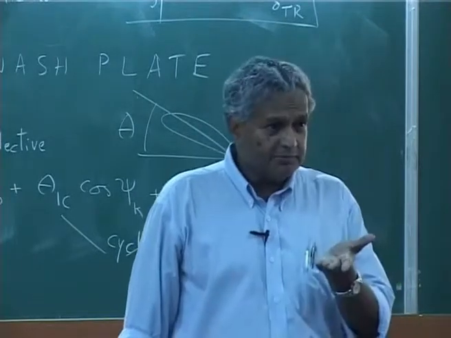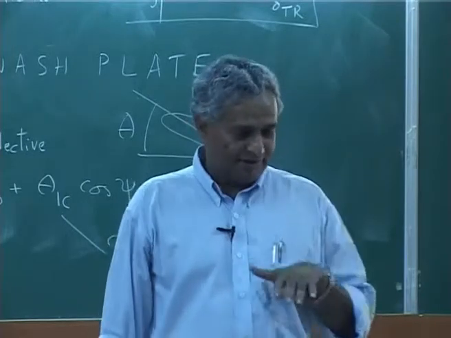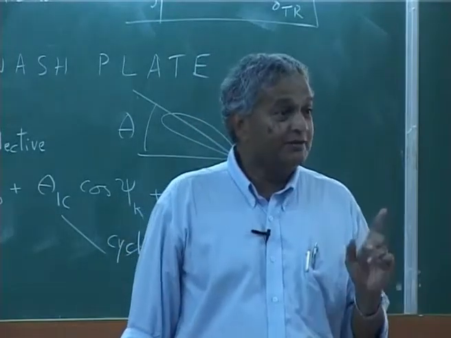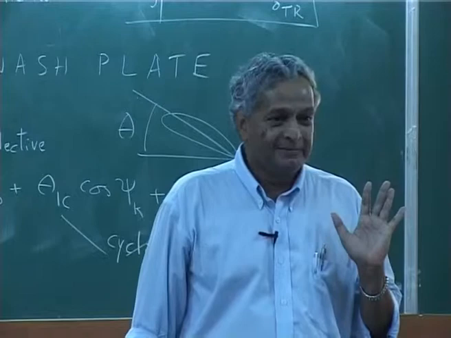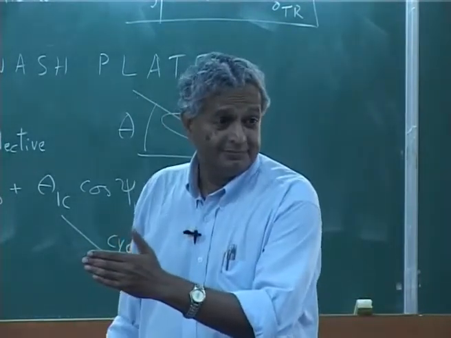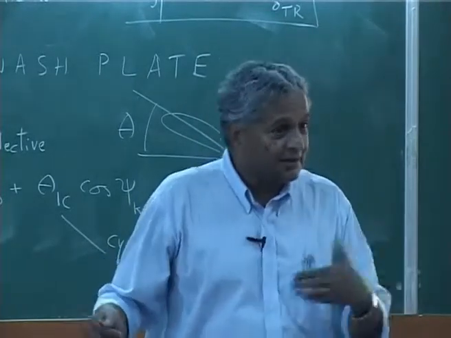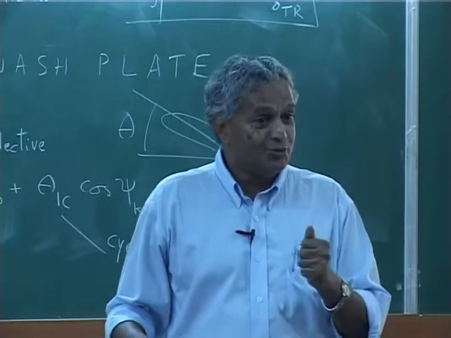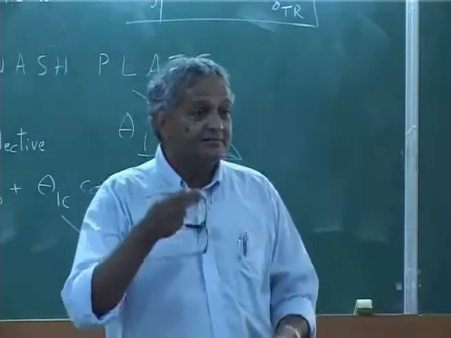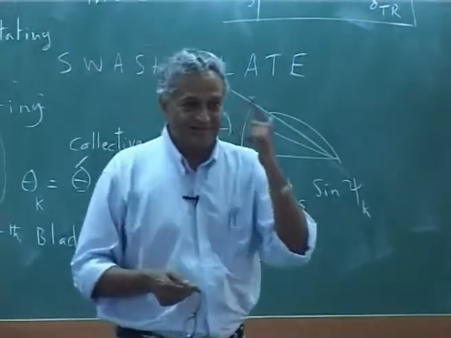If you want to climb up, you give collective. If you want to fly forward or sideward, you give cyclic. But if you want to turn your heading, then you give yaw. That you may do by a differential mechanism between the two rotors.